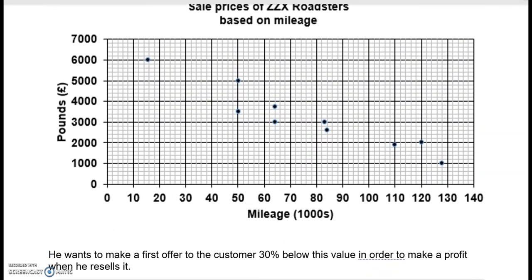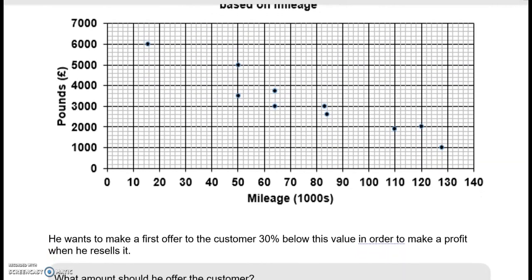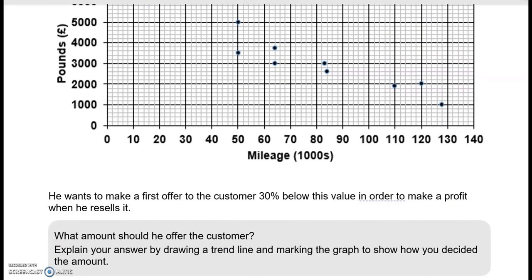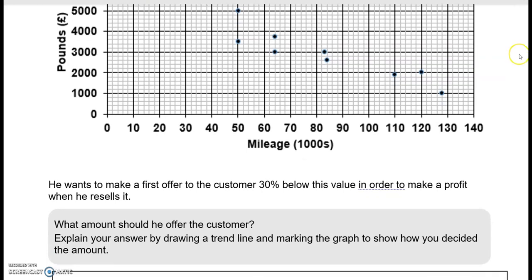He wants to make a first offer to the customer 30% below this value in order to make a profit when he resells it. What amount should he offer the customer? Explain your answer by drawing a trend line and marking the graph to show how you decided the amount.